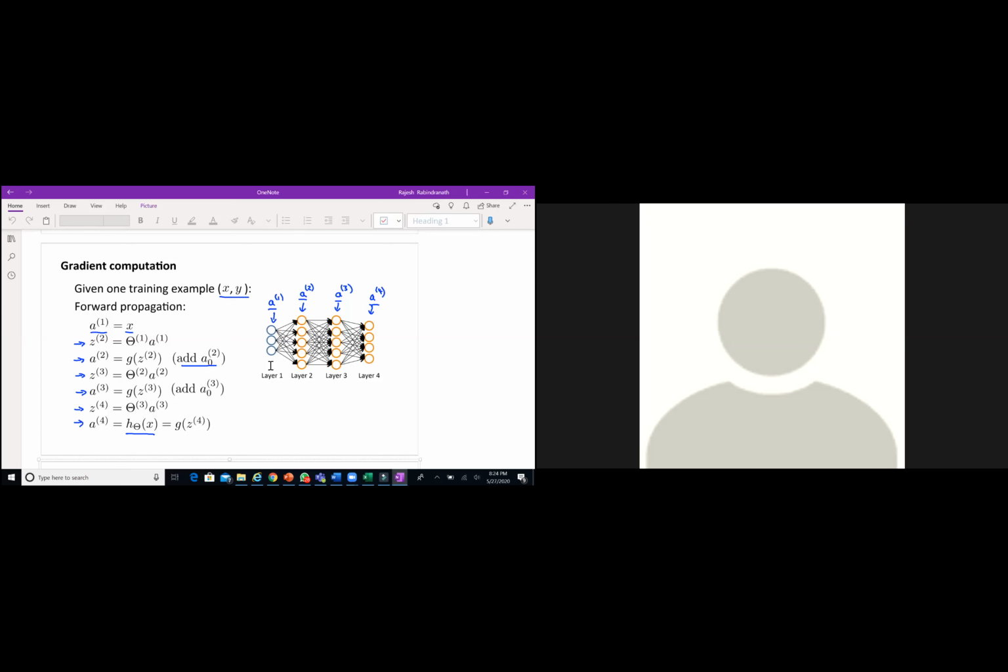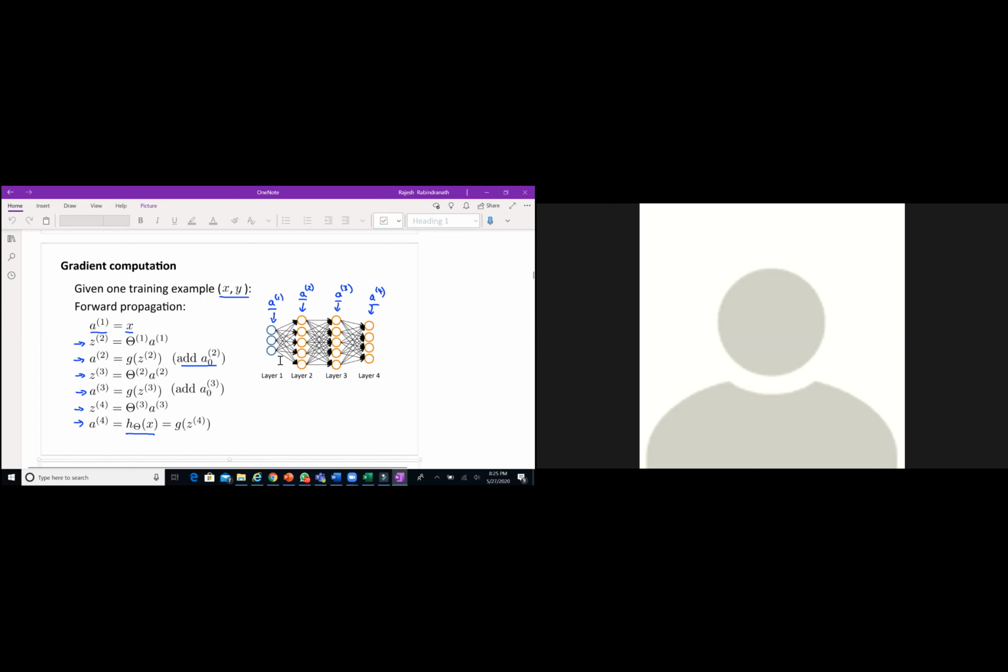So A11 is going to be X1, A12 is going to be X2, A13 is going to be X3. In this case, X is a vector which consists of 3 individual nodes. Four with the bias; if there is a bias, it is 4. Absolutely, you're right.